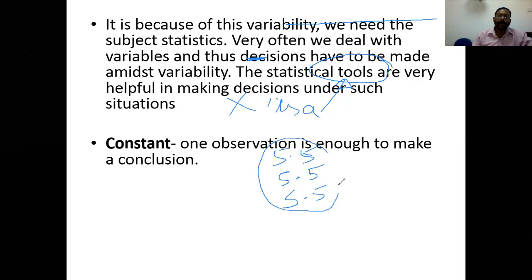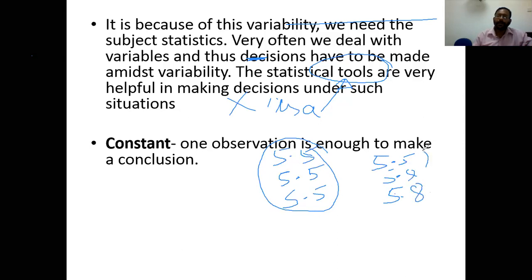So there's no variability in that titration. But in reality, you have different values, 5.6 or 5.5, or 5.8 and 5.6. Practically, you have different values. So this is a variability, and here we need statistics. In the constant case we don't need any statistics. So that is the importance of having statistics as a tool.